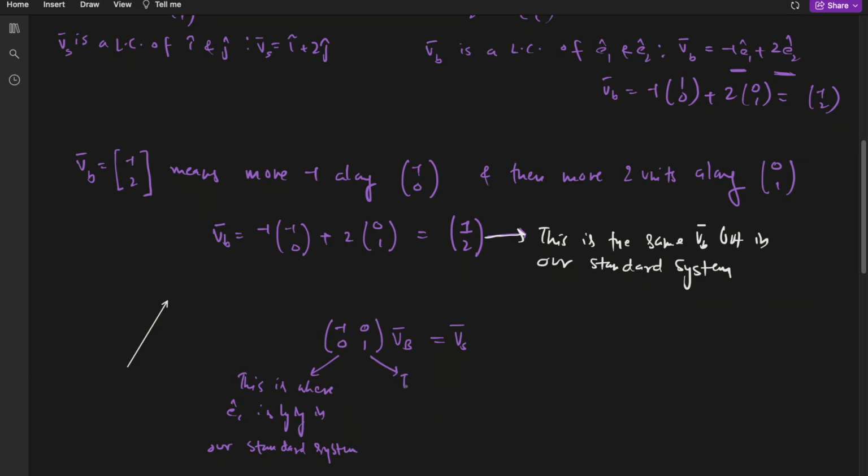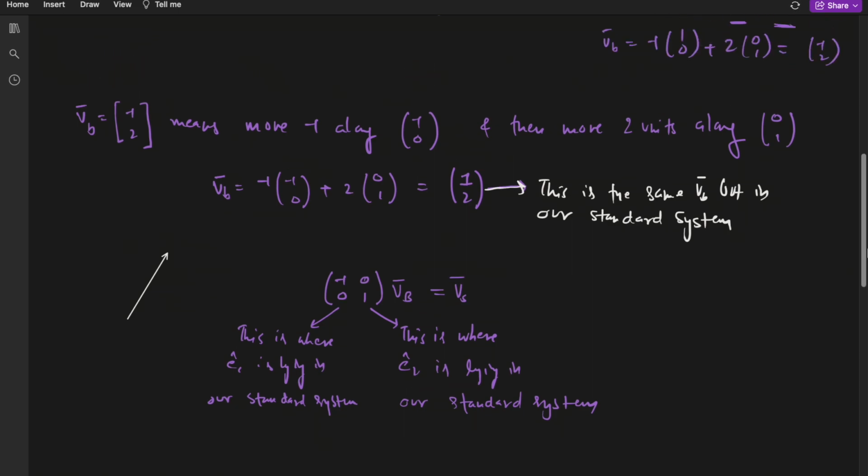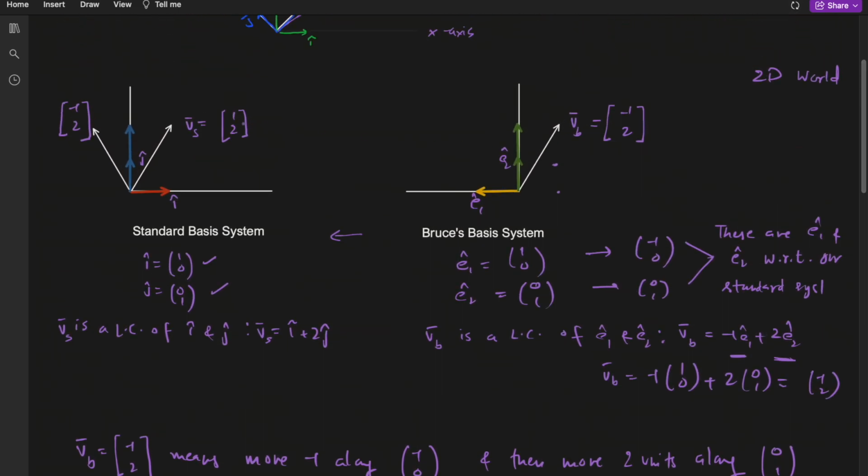And this is where e2 hat is lying in our standard system. Okay, so this is the matrix. This is the matrix which we are going to use to convert any vector from Bruce's system to our system.